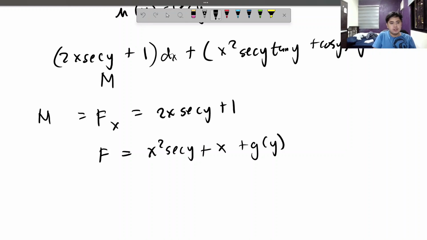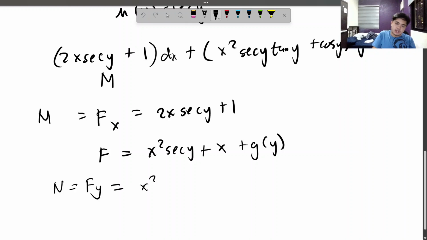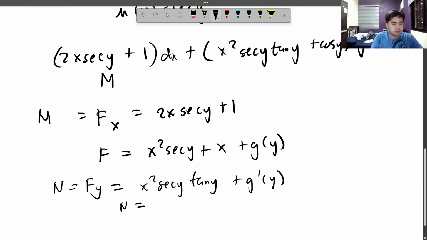So the derivative with respect to y now, which is equal to N, should be, well, the derivative of secant y is secant y tangent y. So x squared secant y tangent y. And then x is just a constant in the y world, so that would be 0, plus g prime of y.